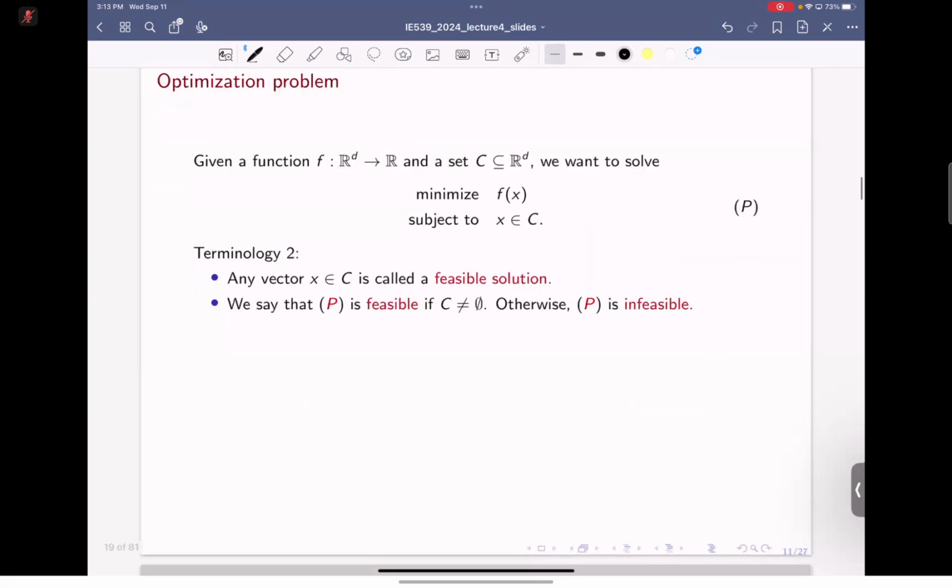And we say that the problem is feasible, not just a single vector, if it has a feasible solution, which means that the set C, the domain, is non-empty. There's a vector that satisfies all the constraints. If there's no such vector, then we call the problem infeasible, which means that there's no feasible solution.